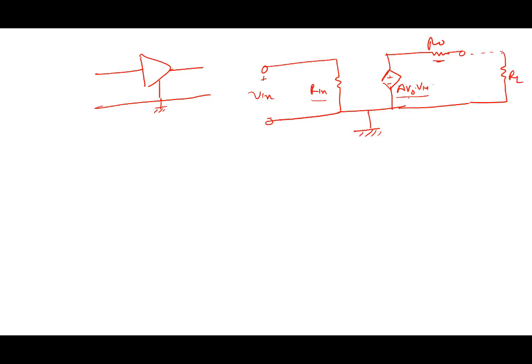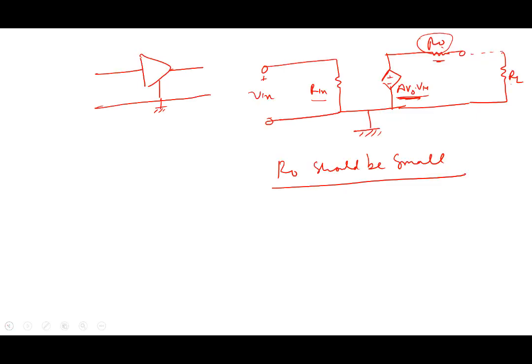You don't want it to drop across R0, so R0 should be small. A small R0 is desirable. Large R0 means that this voltage will get dropped here only and will not appear across RL. R0 should be small.